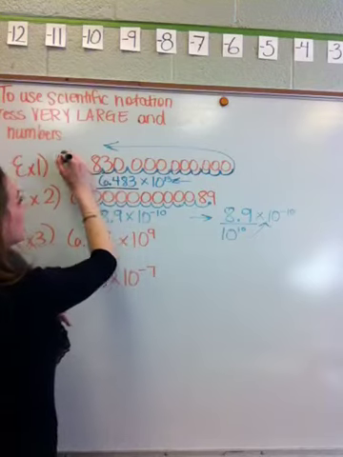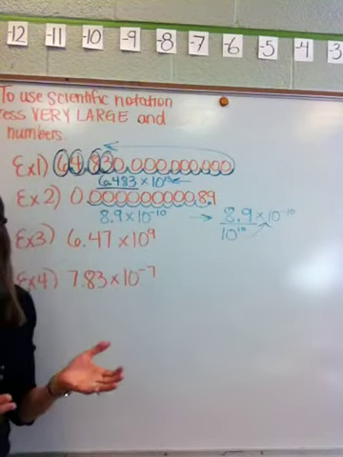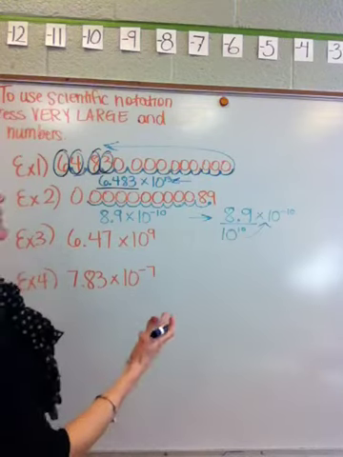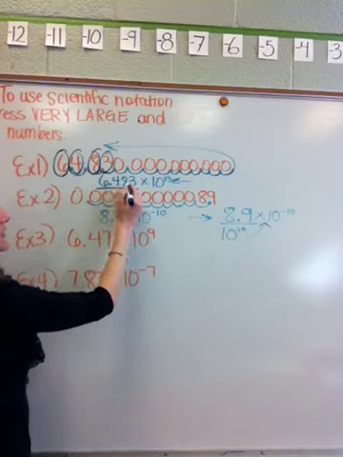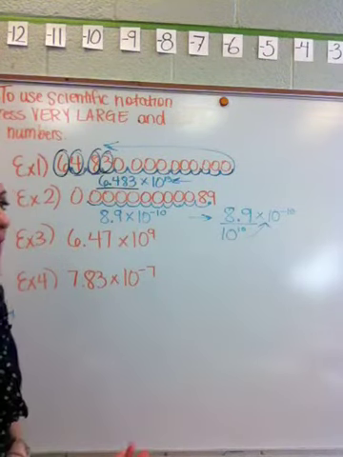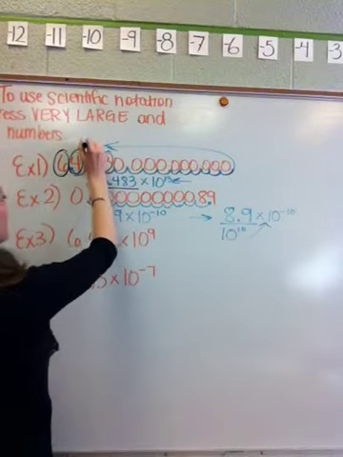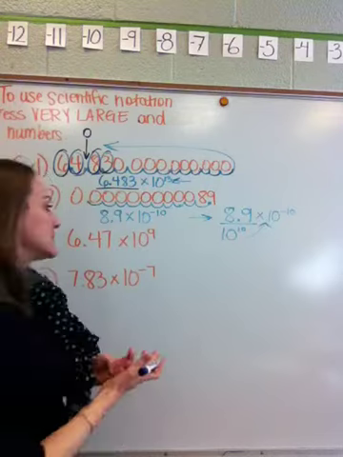We would call these 4 digits significant because they are not 0. I can't represent them as 10 to some power. Now I'll do another example where we have a 0, and if I had a 0 in between here, it would also qualify as a significant digit.